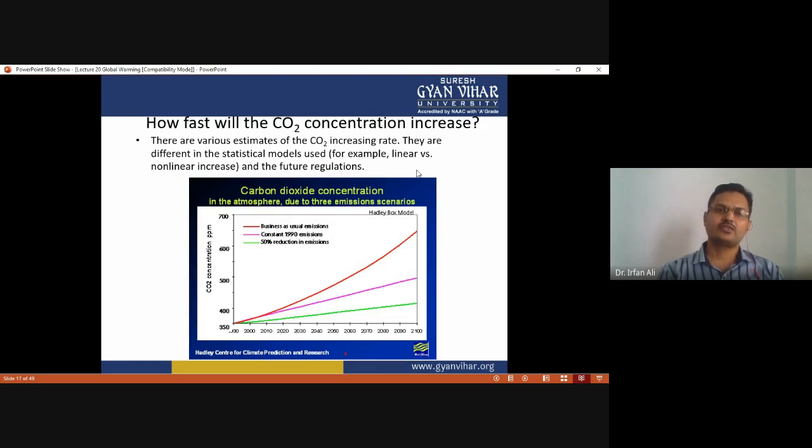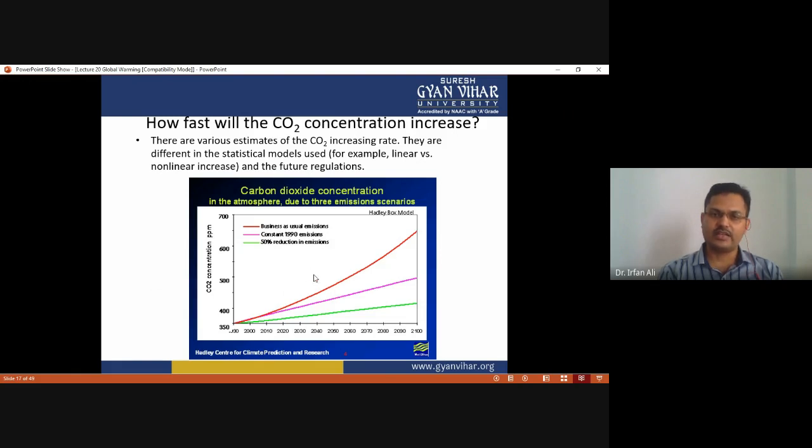Here we are showing how fast the CO2 concentration will increase, and there are various estimates of the carbon dioxide increasing rate, and they differ in the statistical model used, linear versus non-linear increase, and the future regulation. This line demonstrates business as usual emission.